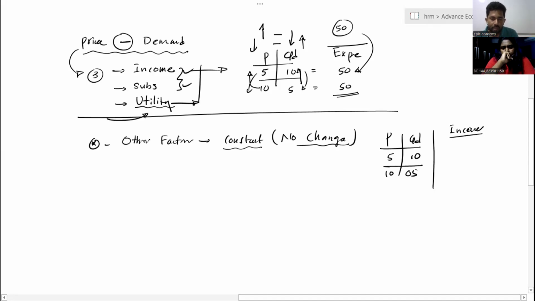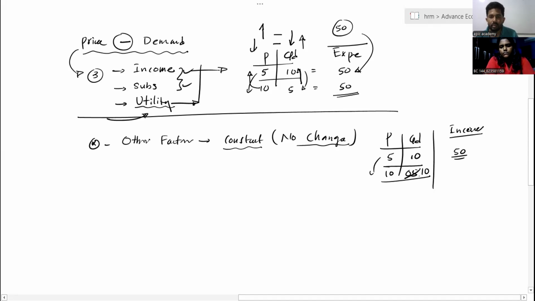When the price of the commodity is 5 rupees, the quantity demanded is 10. That means he is going to spend only 50 rupees. At that level, the income is also 50. So there's no problem. Then the price of the commodity increases to 10 rupees. But still this person can purchase 10 units.